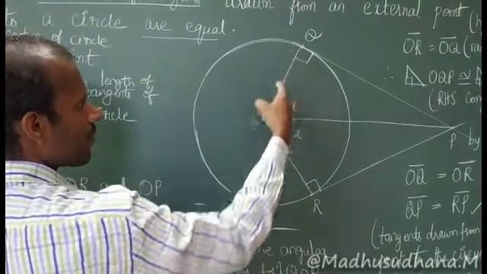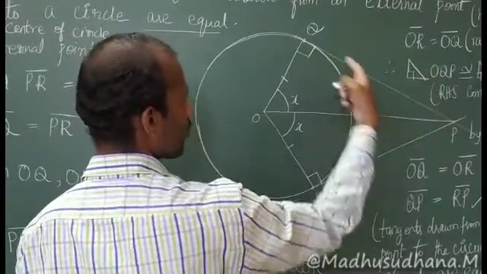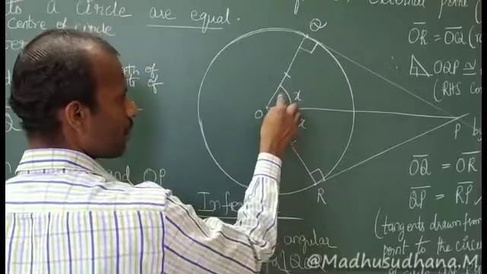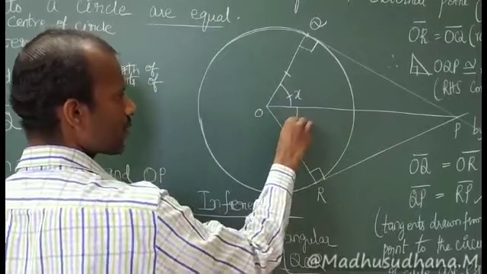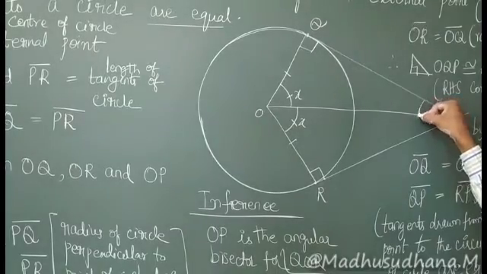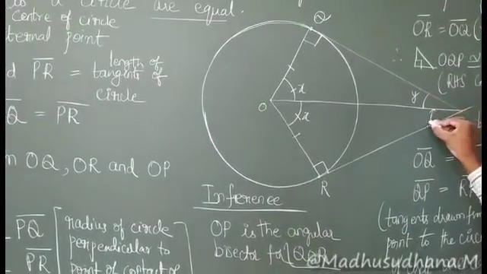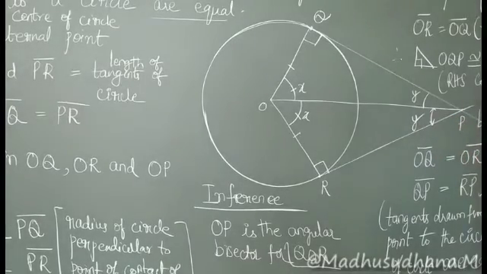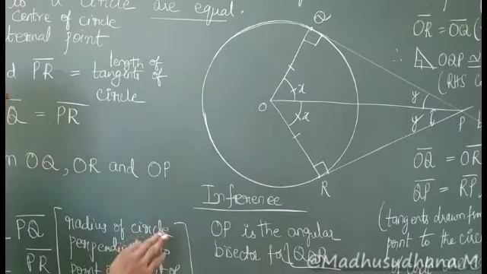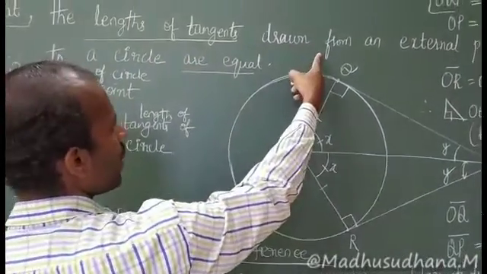So this angle, if this is X here, this angle shall also be X here. Follow it? We have OQ equal to OR, PQ equal to PR, and OP as the common side, and OP is the angular bisector for QOR, and therefore we can also say that this angle, if this is angle Y, this angle also shall be equal to Y. Followed it?